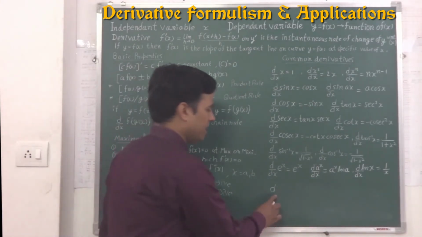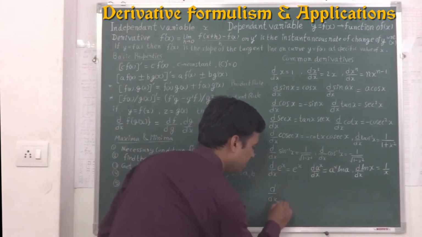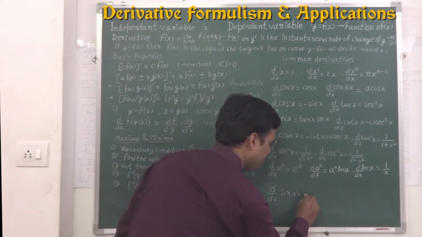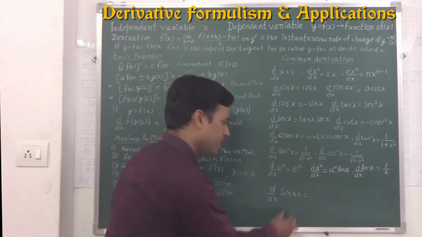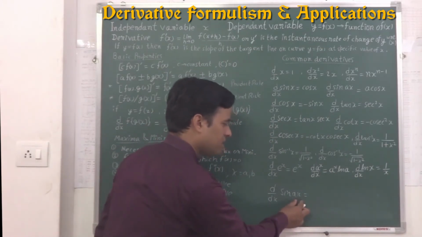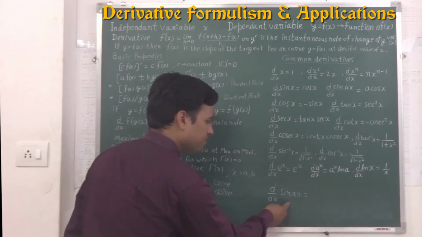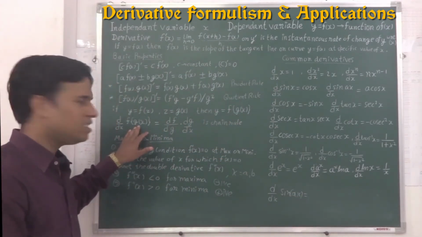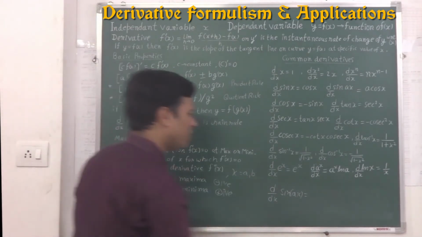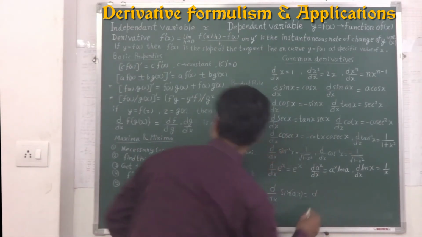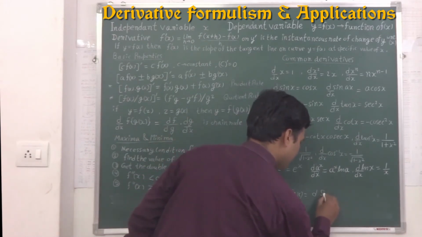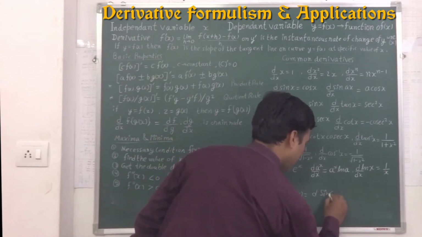According to that, if you want d/dx of sin(ax), we will use that ax is nothing but another function g(x). Write down d of f, but what is f? f is nothing but sin(ax).